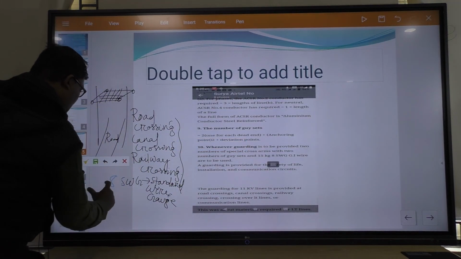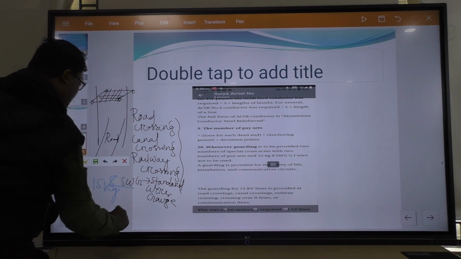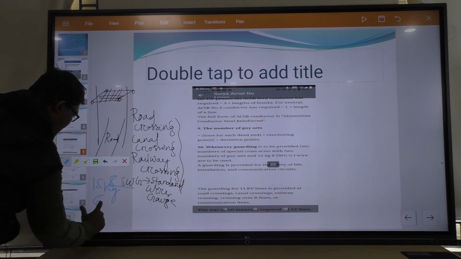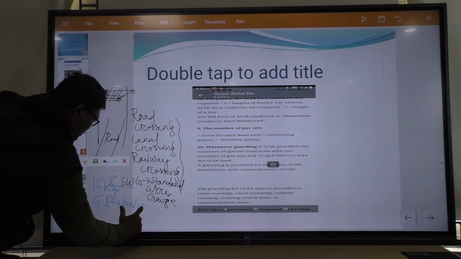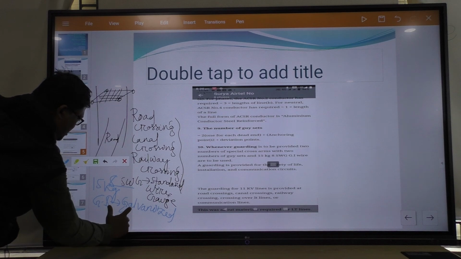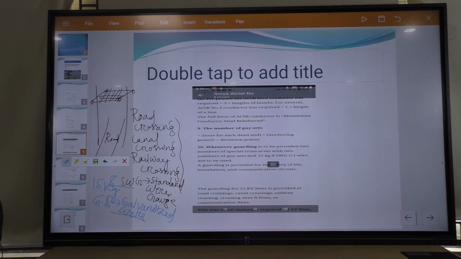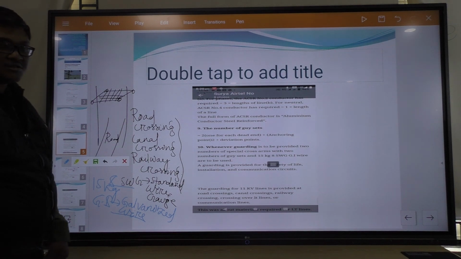What is GI wire? GI is galvanized wire. This is the specification of guard wire for use in road crossing, railway crossing and canal crossing.